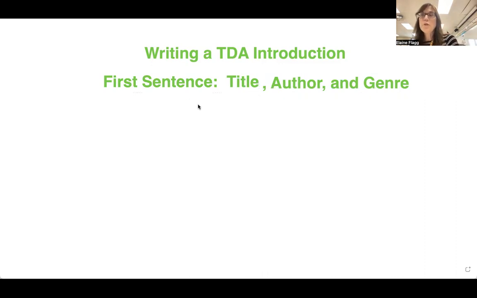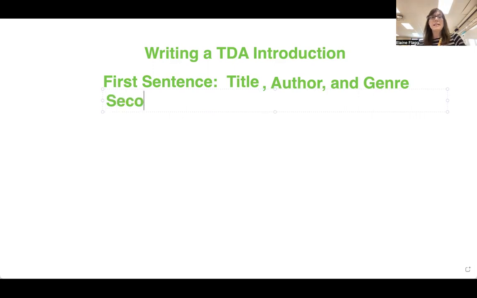This proves to the person that's reading it that you know what story you're talking about, who is the author, and the genre. It presents the picture that you are actually very knowledgeable about the passage you read.